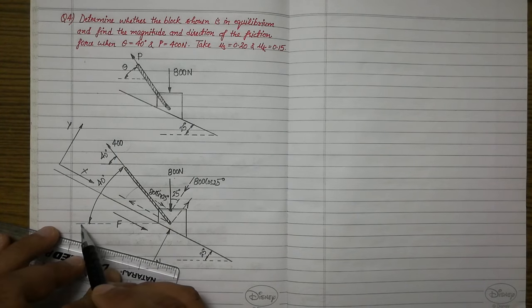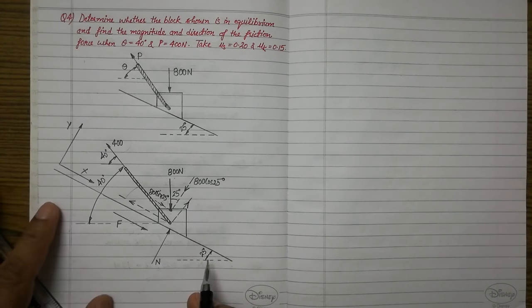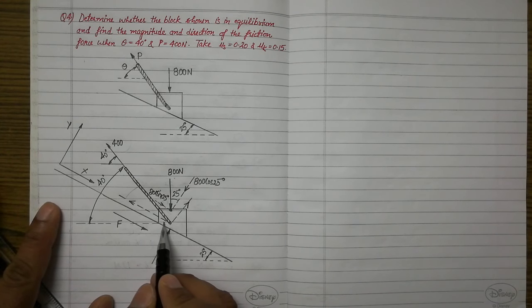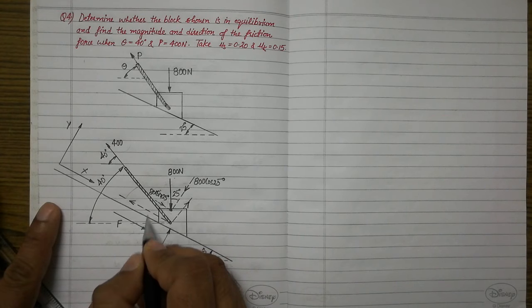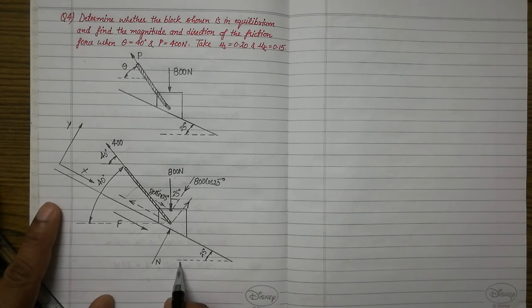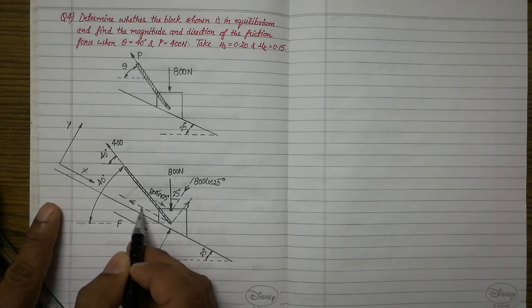But if you consider this particular part, this angle will be 25 degrees. This is the horizontal surface, and this is the inclined surface having a 25-degree angle with the horizontal. Parallel to that inclined surface we have a vector here.